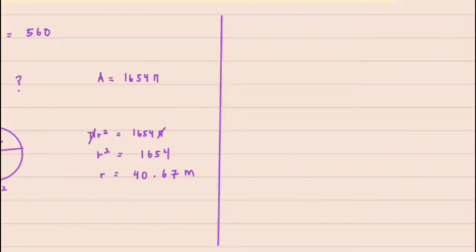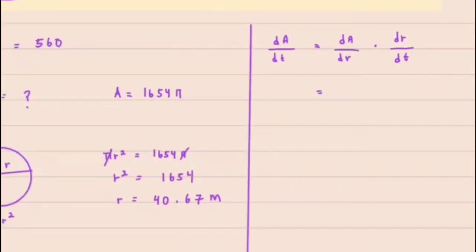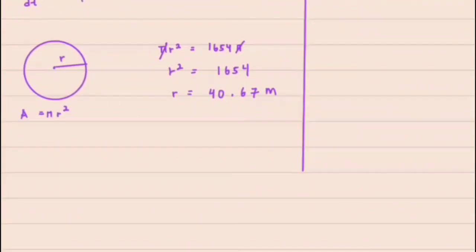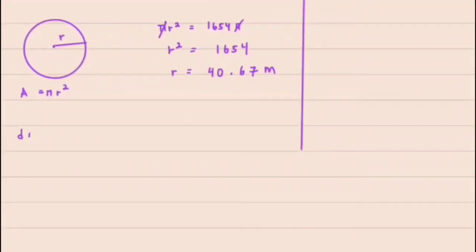So now we want to find dr over dt. We may start with dA over dt. So dA over dt is given by dA over dr multiply with dr over dt. Now we have dA over dt because it's given in the question, that is 560. Let's find dA over dr by differentiate this function in terms of r.